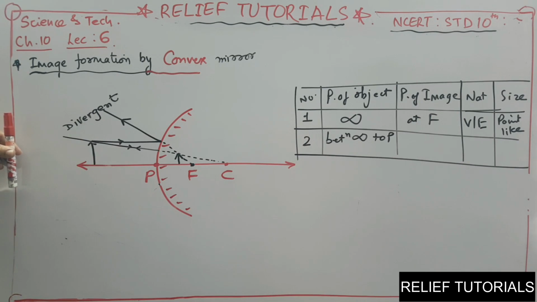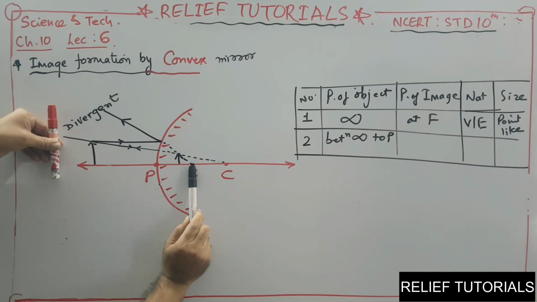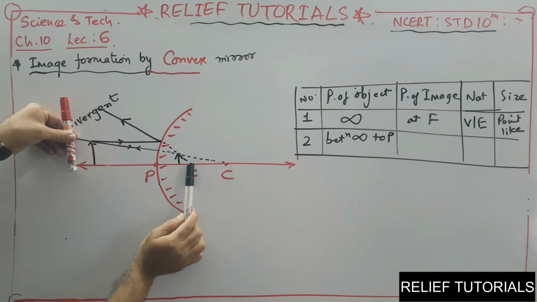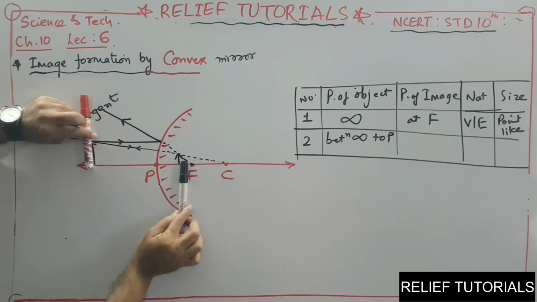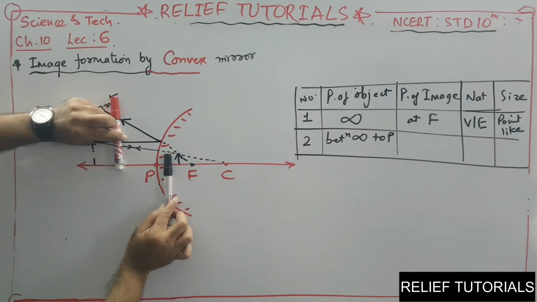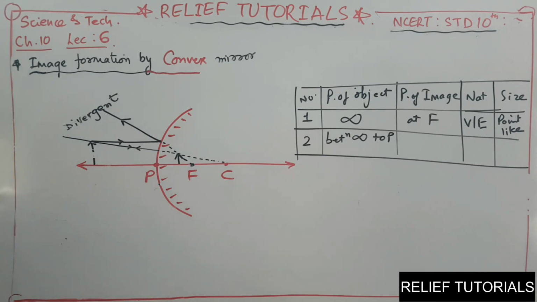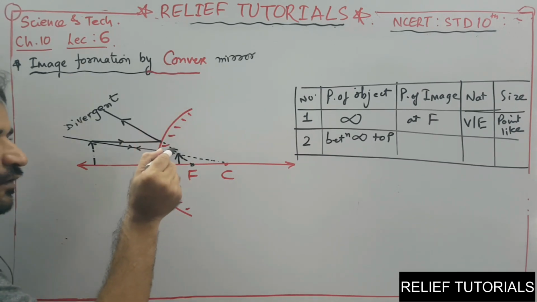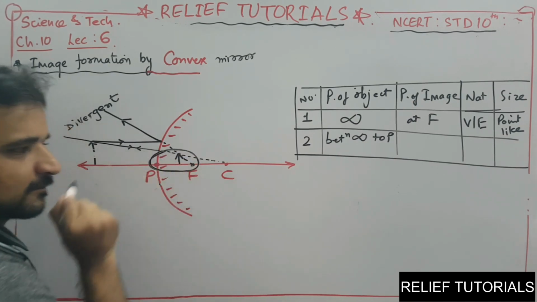When the object is at infinite distance, the image is at F. As you take the object nearer, the image also comes nearer towards the pole. If you place the object still nearer, the image comes still nearer. So what is the conclusion? In the convex mirror, the image always lies between F and P.